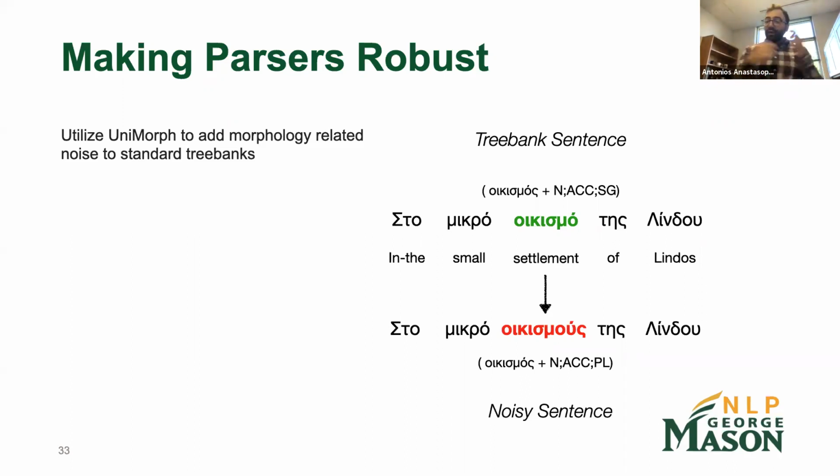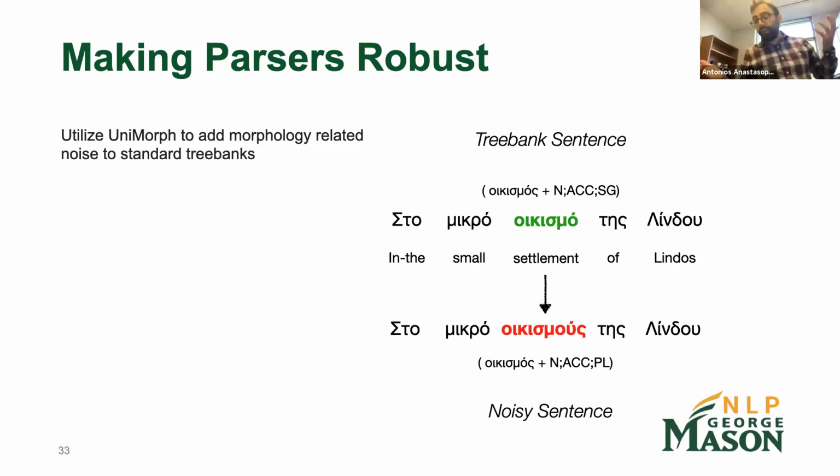Okay, so we created noisy sentences where the dependency links remain the same, but what changes is the morphological analysis of that word. And then we retrained our, I think it's Stanza, parsers on the clean data and the noisy data that we created.